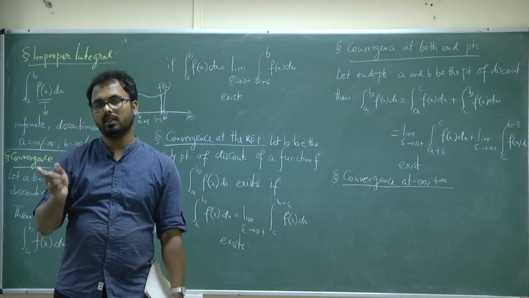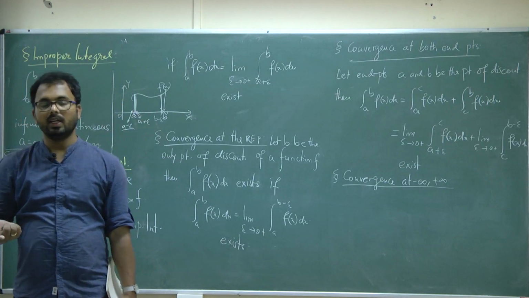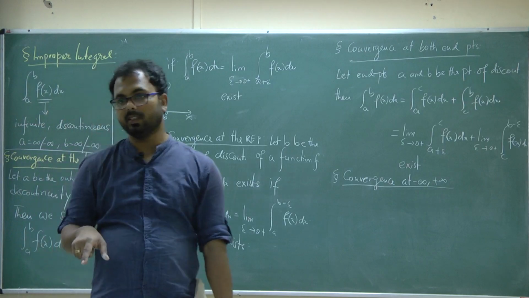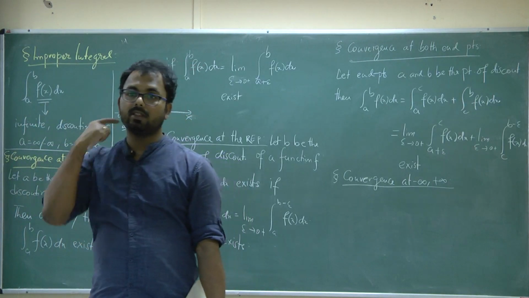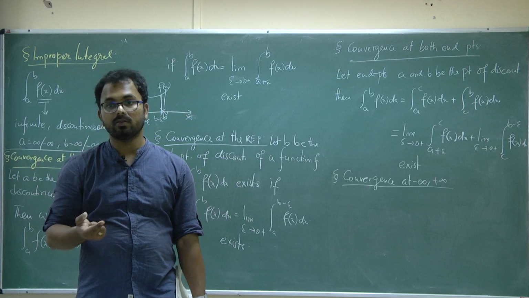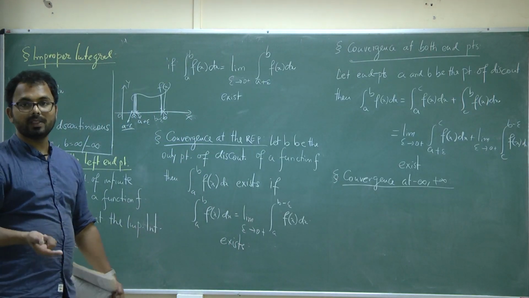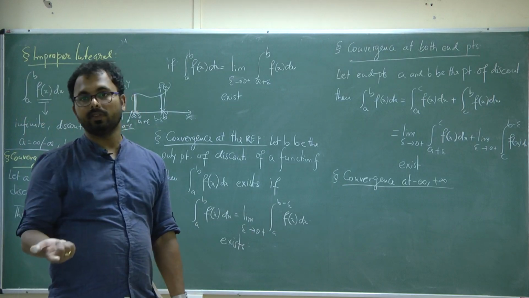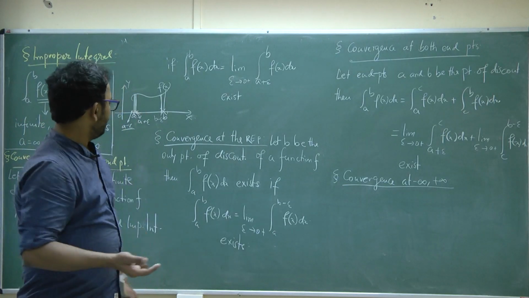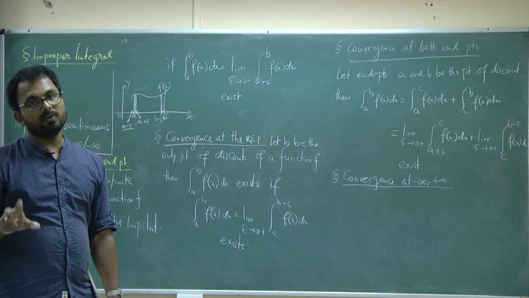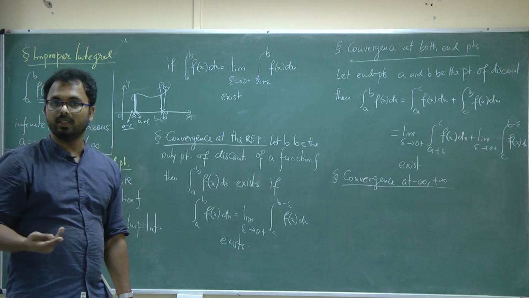That means none of the endpoints are infinity. However, your function has infinite discontinuity, and then we can define the improper integral and see how to evaluate it. Now, it may happen that your endpoints become infinity, and that is also an example of an improper integral, but how do we evaluate it?